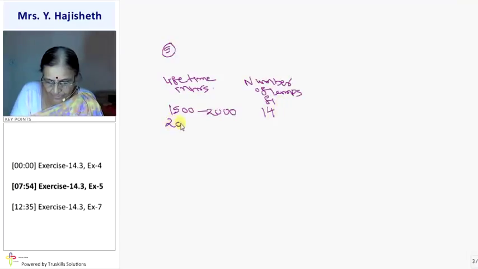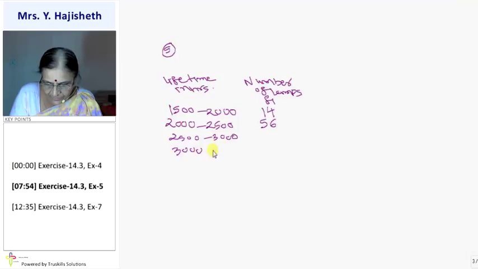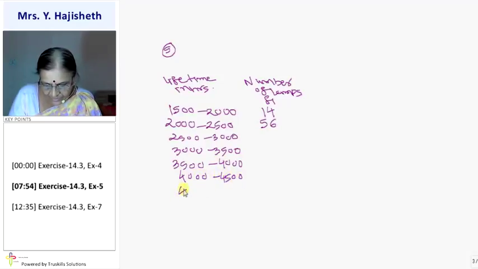2000 to 2500, my 56 lamps. Then 2500 to 3000, then 3000 to 3500, then 3500 to 4000, then 4000 to 4500, then 4500 to 5000.